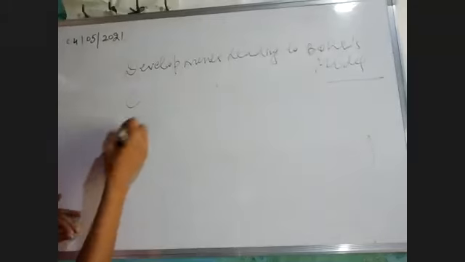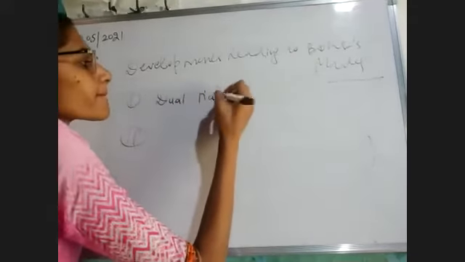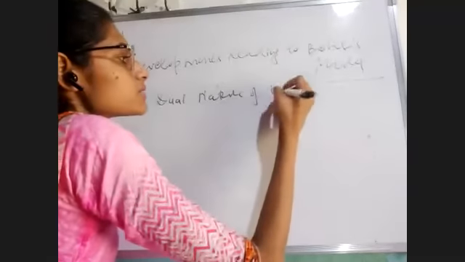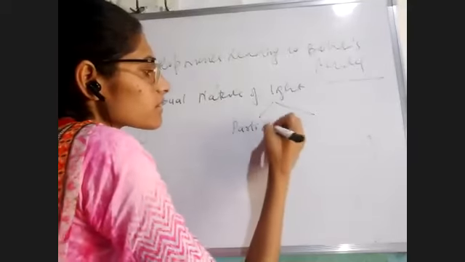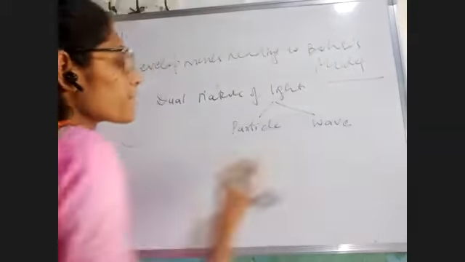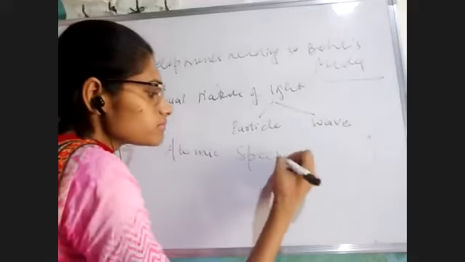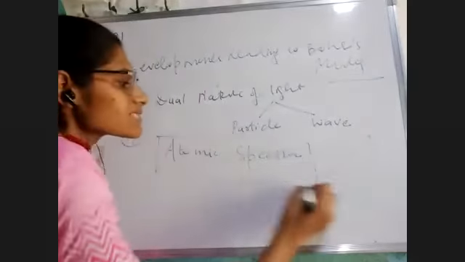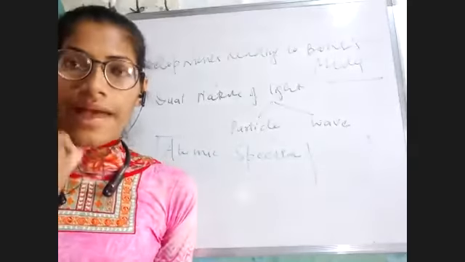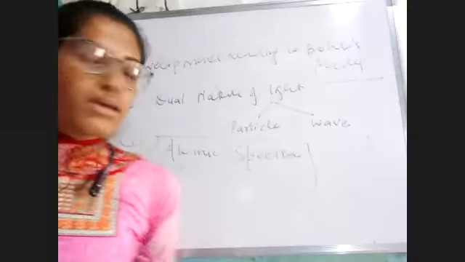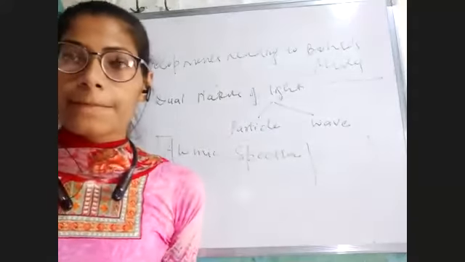First one is the dual nature of light, that means it has both particle as well as wave nature. And the second one is atomic spectra. Today we will start with atomic spectra. I won't have a recapitulation in tomorrow's class; we will just start with atomic spectra. Why do we need to study atomic spectra?